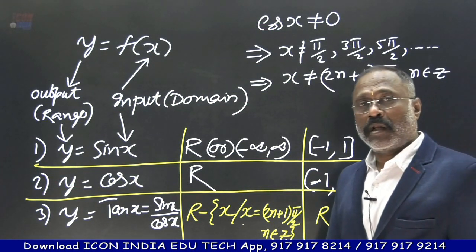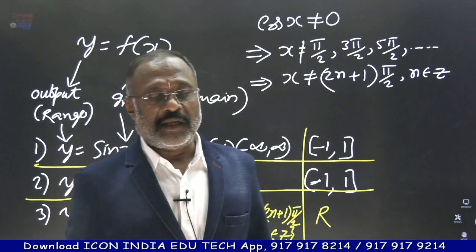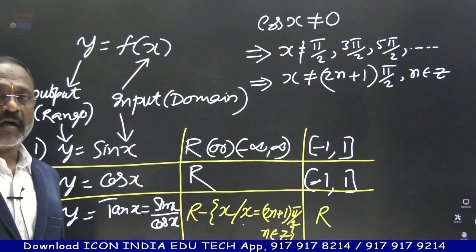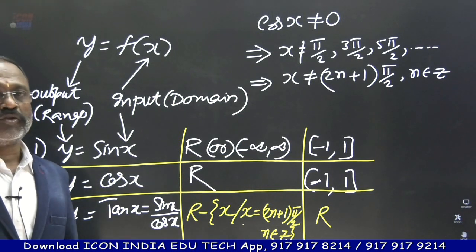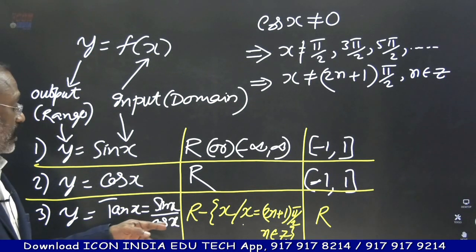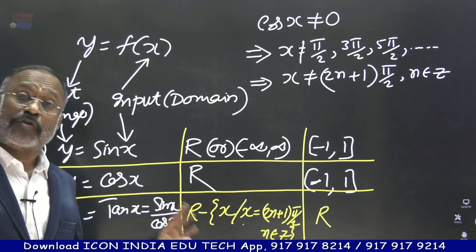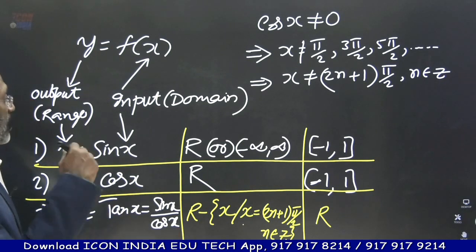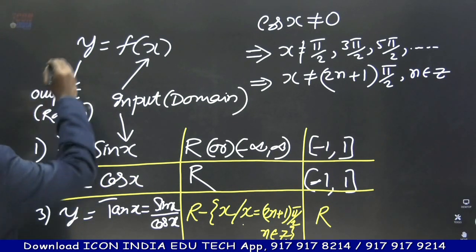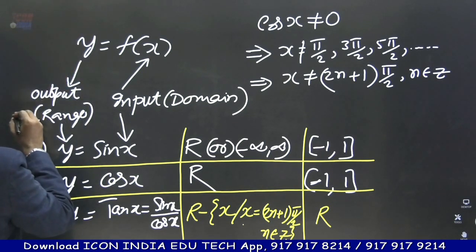For all integral multiples of pi, sin x becomes 0, because the denominator of cot x contains sin x. You should not give those values. So there is a restriction in the domain of tan x, and there is a restriction in the domain of cot x also, similarly. So let me show you that. Let me write the domain of cot x.